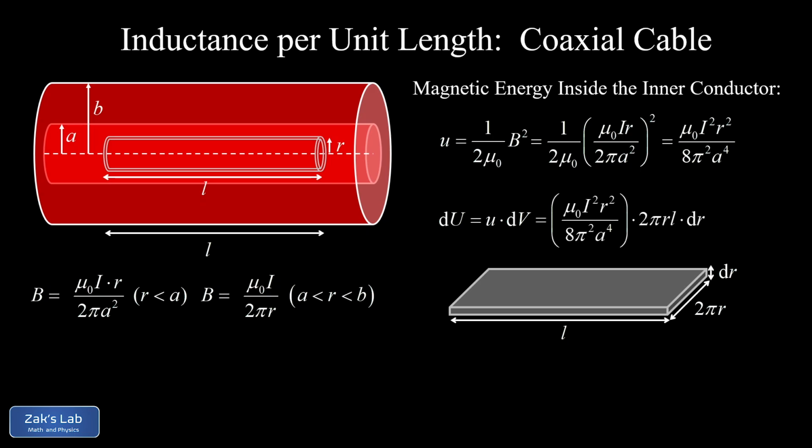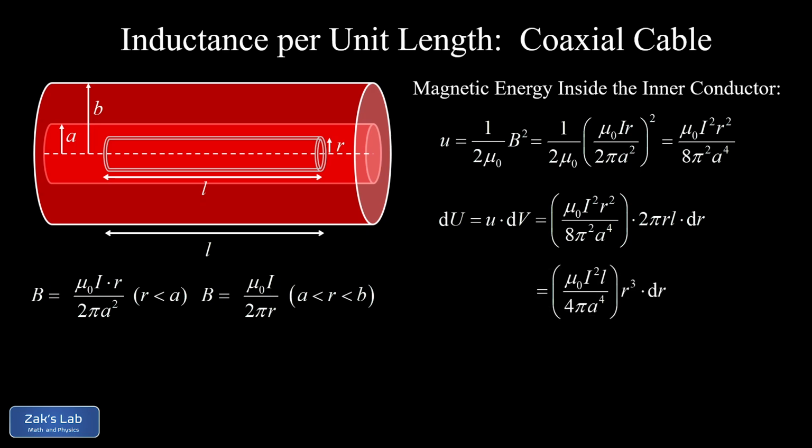So we sub that into our expression for dU, and there's a couple of things we can clean up here. We can cancel a factor of 2 and a factor of pi, and combine our r's into an r cubed. And so we've done all that and moved all the constants out in front, and then we have an r cubed dr. So now that dU is phrased entirely in terms of r, we're ready to sum up all the dU's by integrating. So there's our most basic statement of what an integral does. It's a summation device for adding up infinitely many infinitesimal contributions.